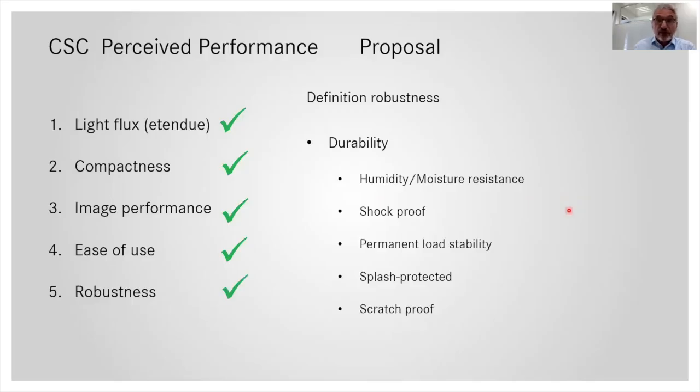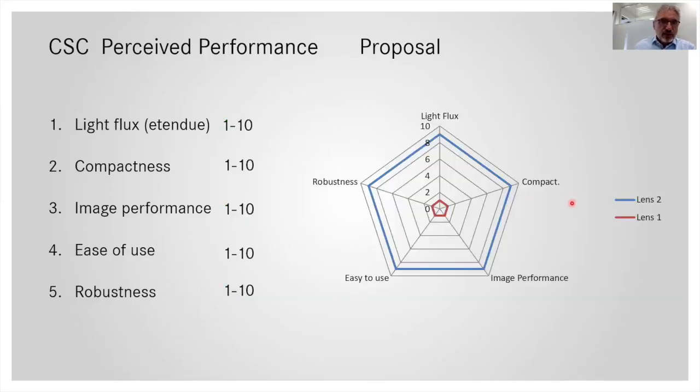This is a very, very important thing, especially for M lenses. So, when we give each parameter a point between 1 and 10, we can judge the optical systems. I will do so for the next part of the presentation. Here is lens number 1.